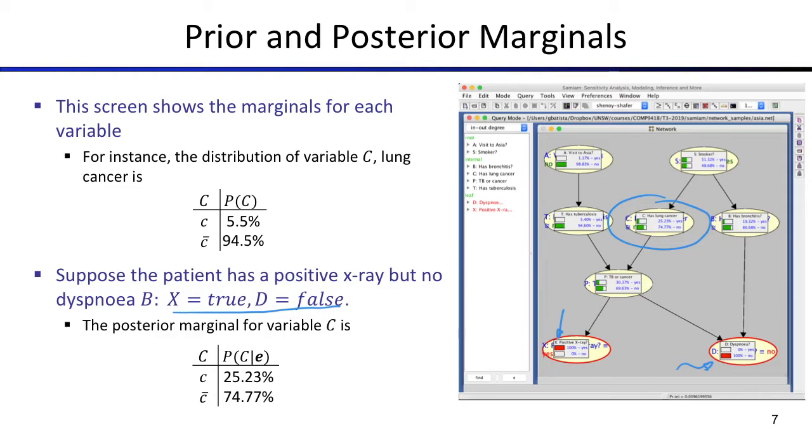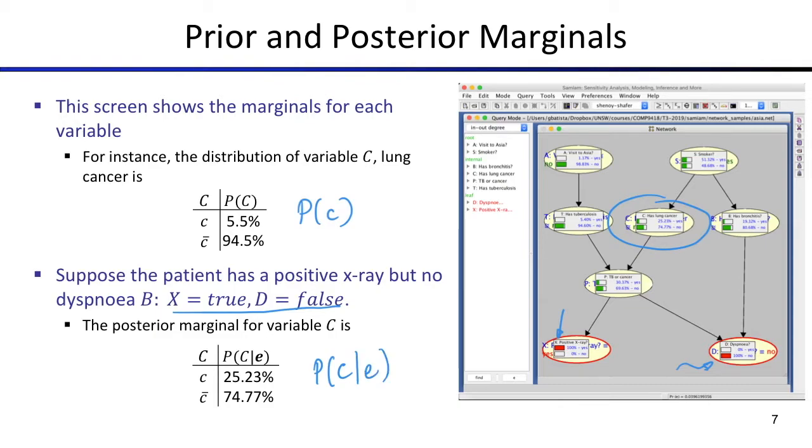So before here, we have P of C with no evidence. Now here we have P of C given the evidence.